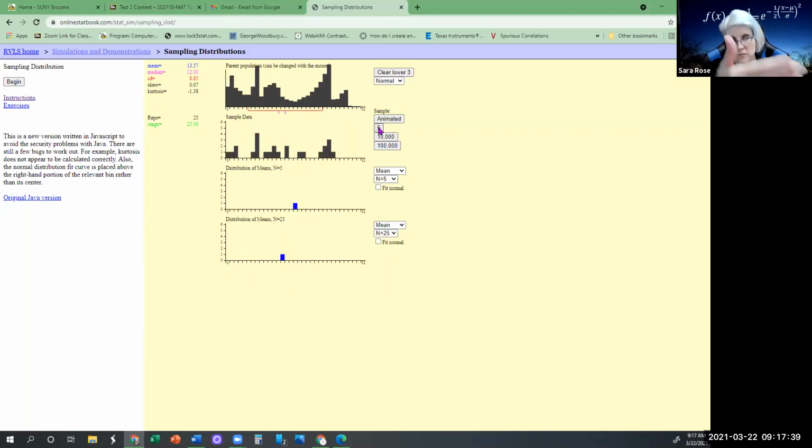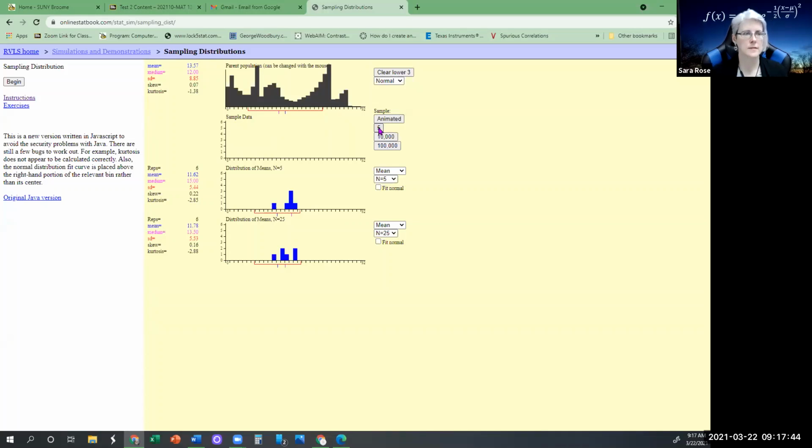But if we repeat that for a sample of 5 and a sample of 25 5 times, and another 5 times, neither one of them's looking very normal right now. Another 5 times, another 5 times. The sample of 25 is approaching normality more quickly. Now, by the time you get up to 10,000 times, both of them are approximately normally distributed.